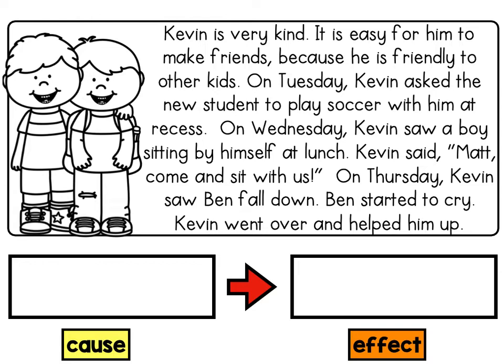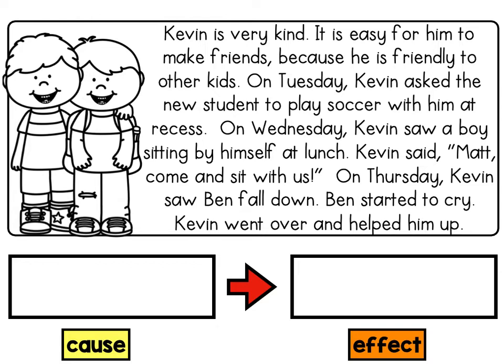Okay, so now I'm going to look closely at my text and see if I can find any examples of cause and effect. I'm going to look for something that happened that makes something else happen. I see here in the second sentence that it's easy for Kevin to make friends.